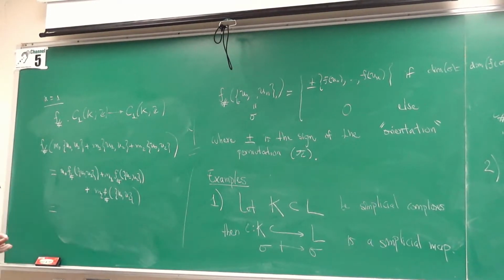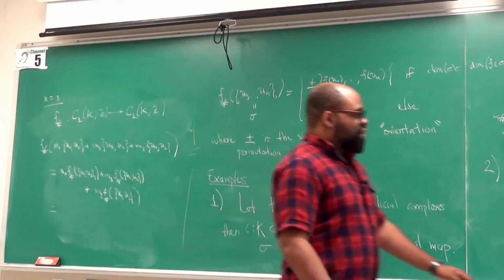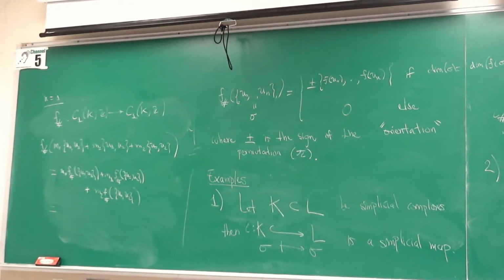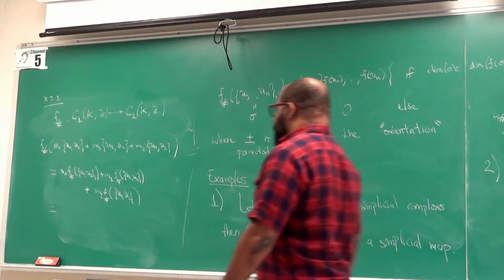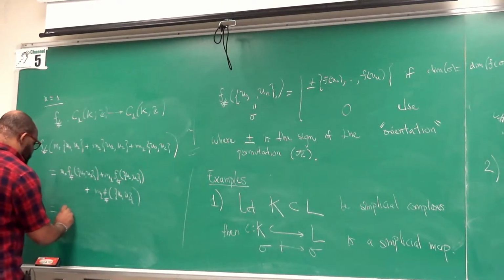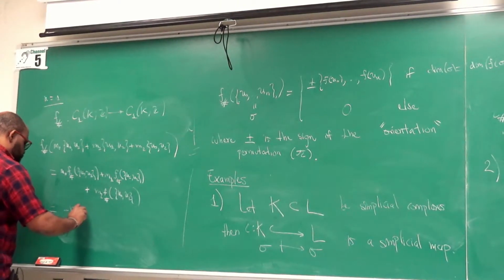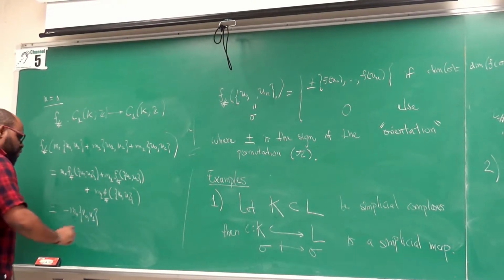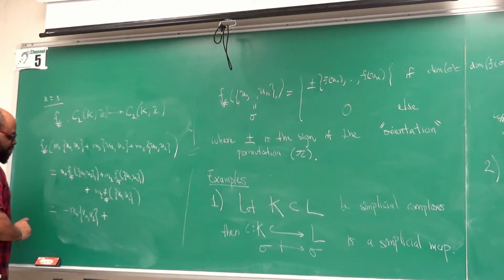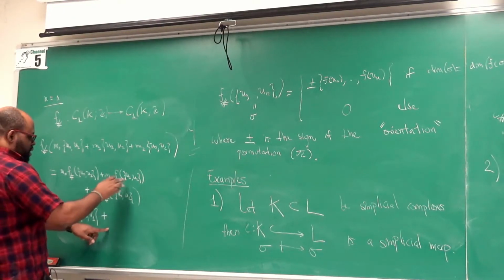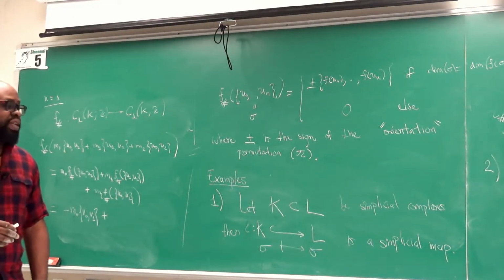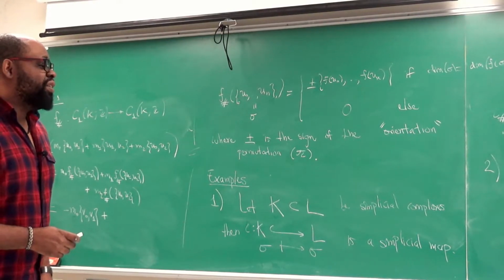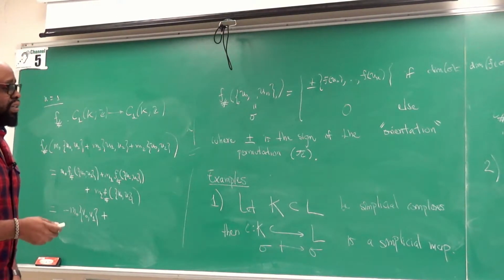So 0, 1, as we said, over here, goes to minus 0, 1. So this is minus M0, V0, V1, plus U1, U2 goes to 0, 1.